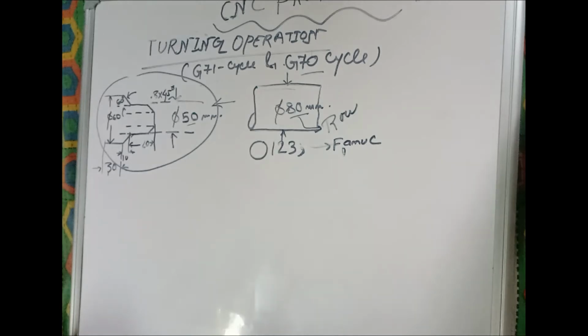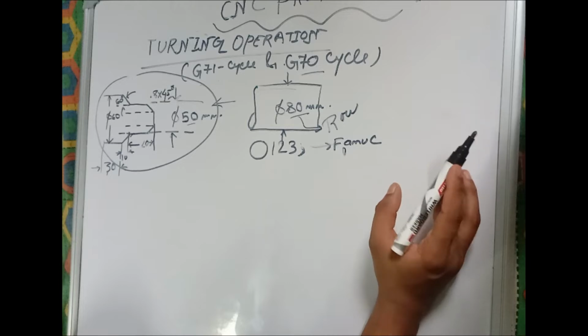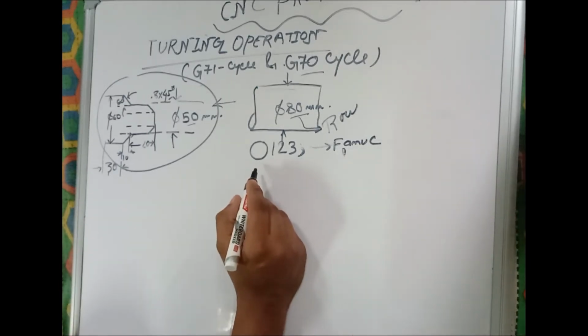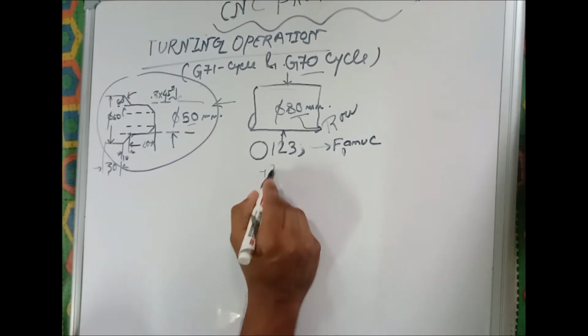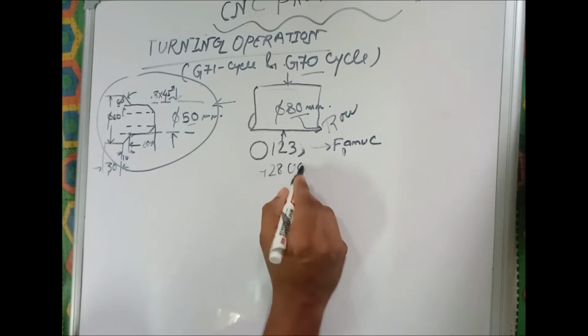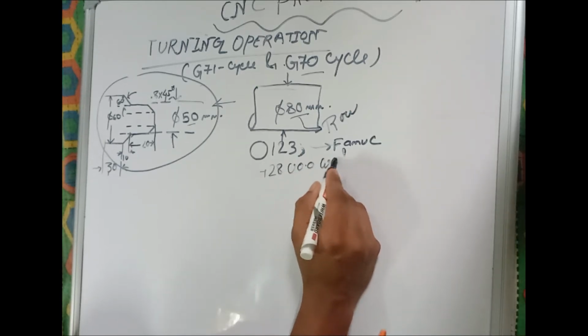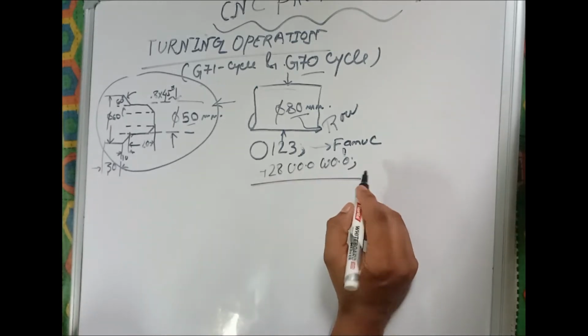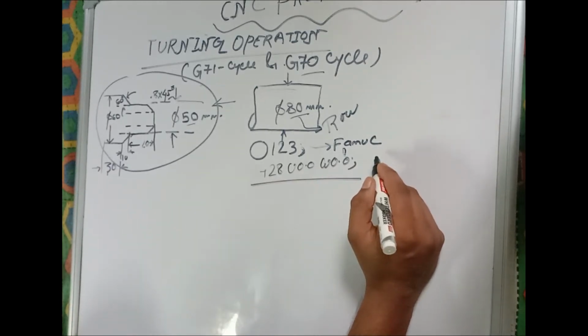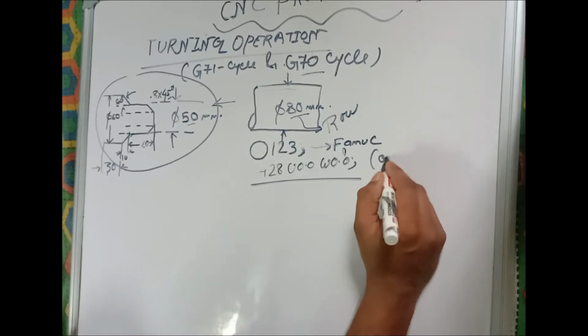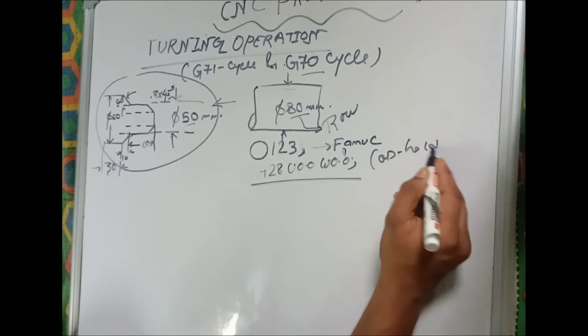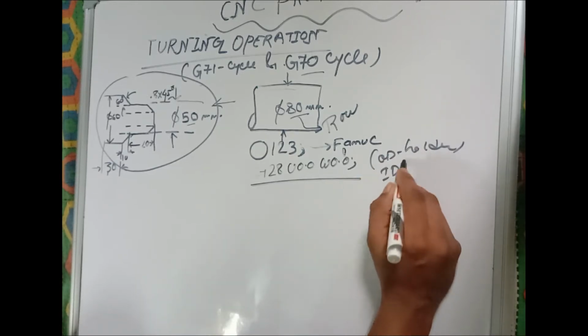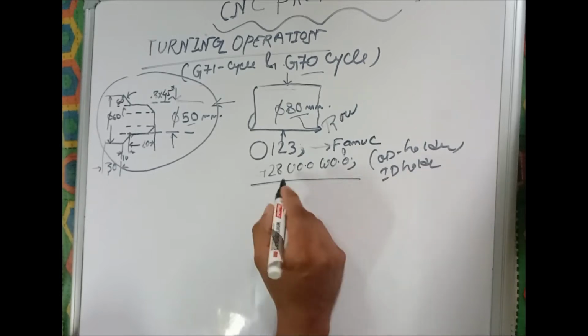We all know the turret holders are in a home position. Home position will be denoted by G28 U0.0 W0.0. Whatever tools you use, it may be OD holder or ID holder, they will be in home position.